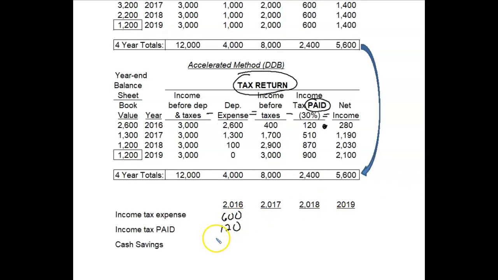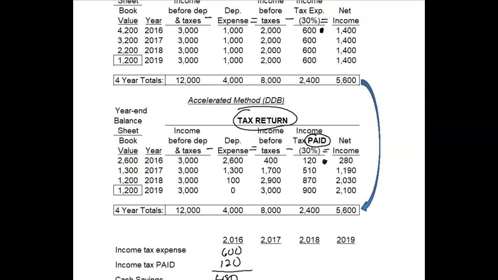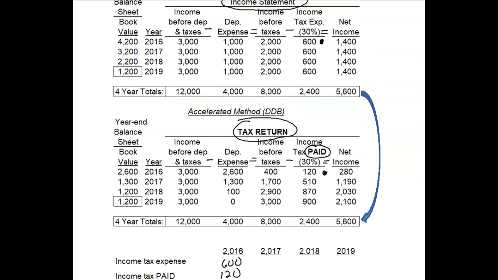So that actually gives us, in the short run, this $480 cash savings, right? Our actual income tax cost is $600, but we're only going to pay $120. We save $480.